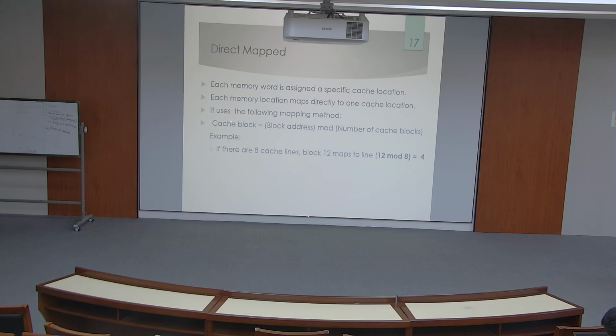The cache block is equal to the block address mod the number of cache lines. For example, if we have 8 cache lines, block number 12 from the main memory will be loaded into cache line number 4 because we have to do 12 modulo 8.